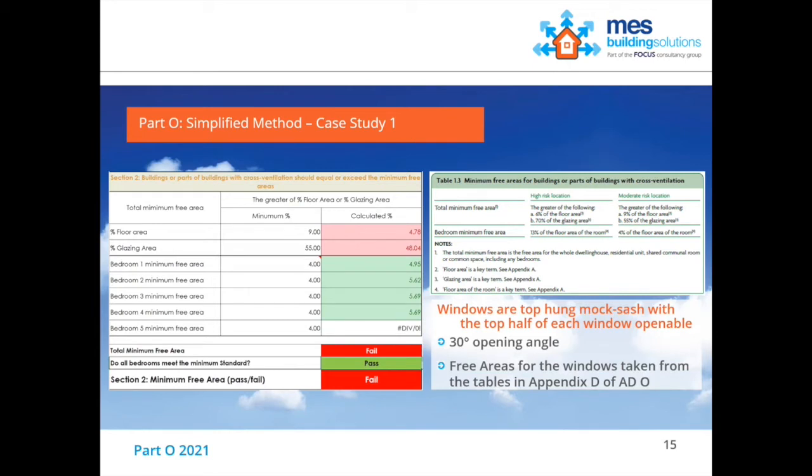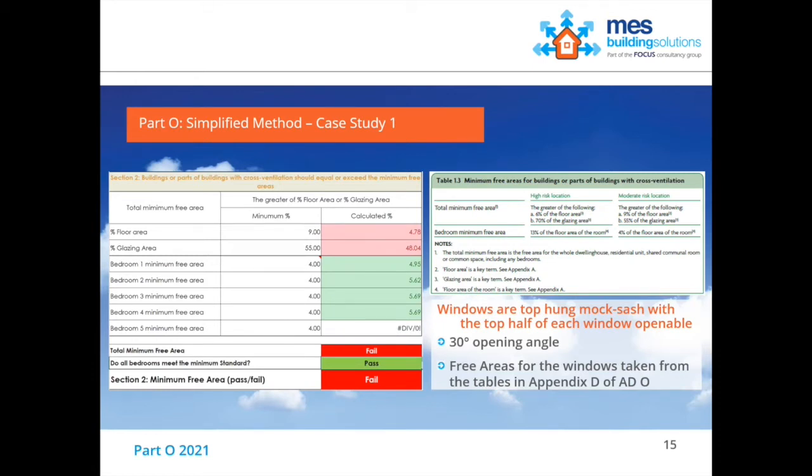So what we'd essentially have to do is re-look at the design of the windows and say, well, okay, do we have to have the mock sash style window? If we do, can we come up with a design, or select a window product, that gives us a greater free area?